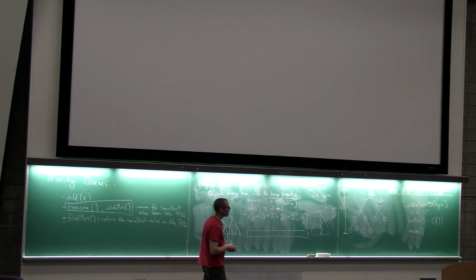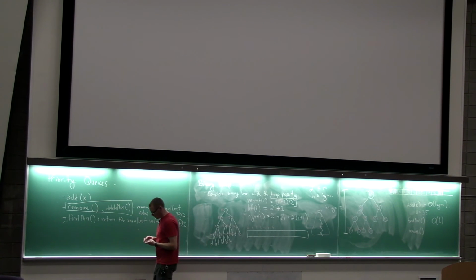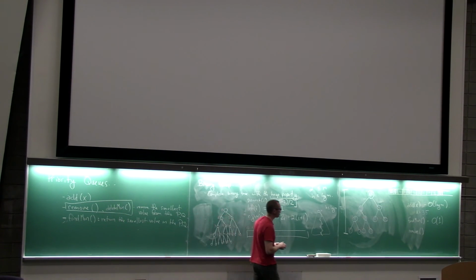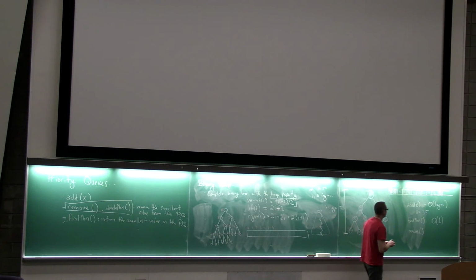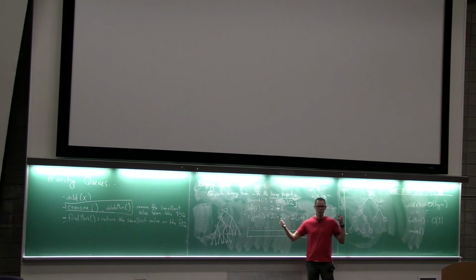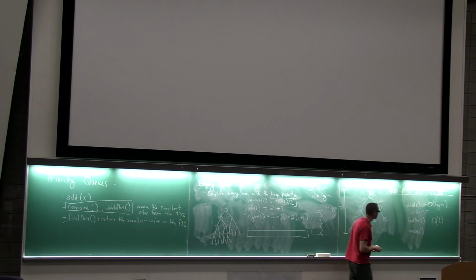Yeah? The question is, wait a minute, you're using an array, and arrays don't grow or shrink. But actually we've seen tricks to make arrays grow or shrink. One of the first things we saw was how to implement a list, which is something that can grow or shrink arbitrarily, as an array.